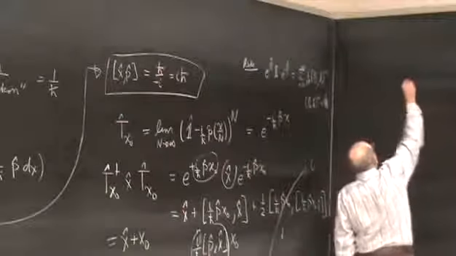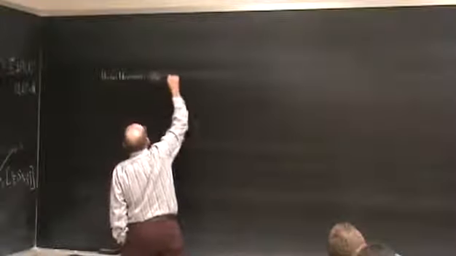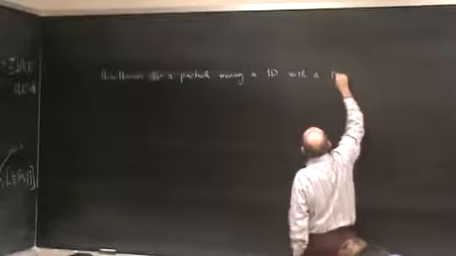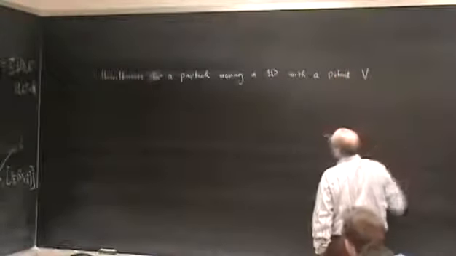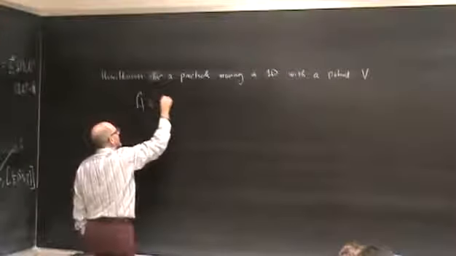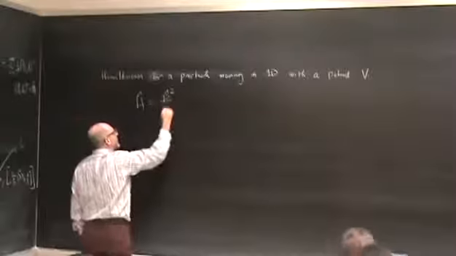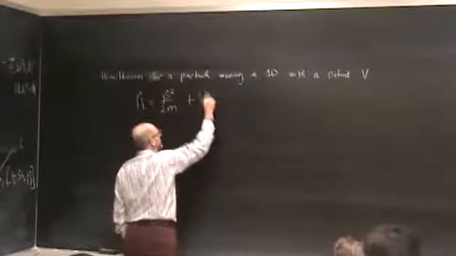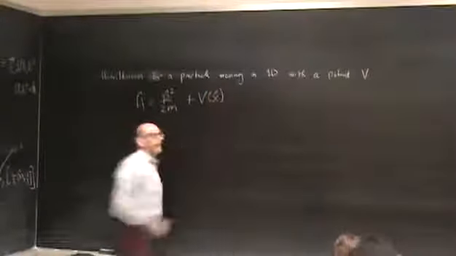So the Hamiltonian for a particle moving in 1D with a potential V. The Hamiltonian operator now is the kinetic energy operator and the potential operator, which is the potential as a function of x hat.